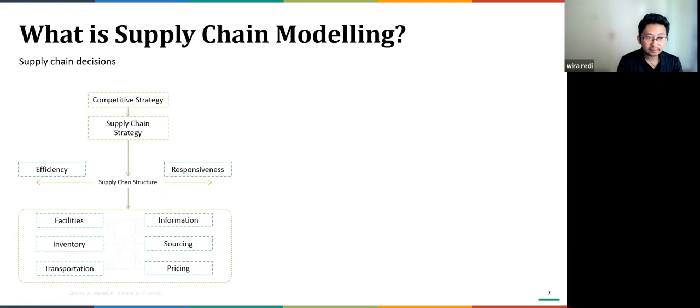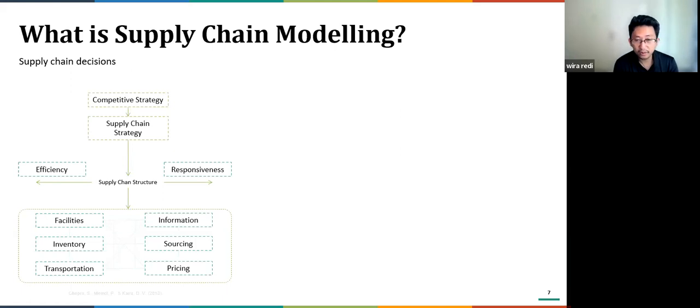And then later on, in order to have that, you need to break it down into six drivers. First is the facility, where you should locate your store, for example. The information, how do you manage the information flow? The inventory, which components of your pizza should you have ready every time in your store, for example.